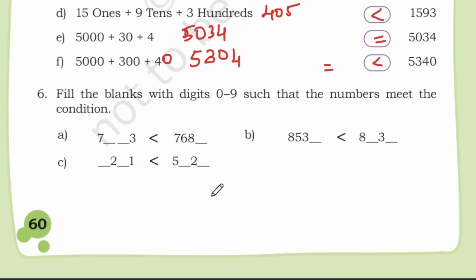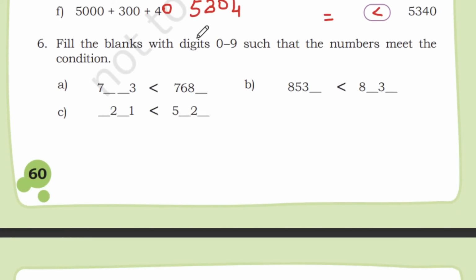Okay. Next, fill in the blanks with 0 to 9 such that the number meets the condition. Okay, so now we need to write the number to make sure that this number is greater. Okay, so you can write 7,003. So if you put 0, obviously this will become greater.